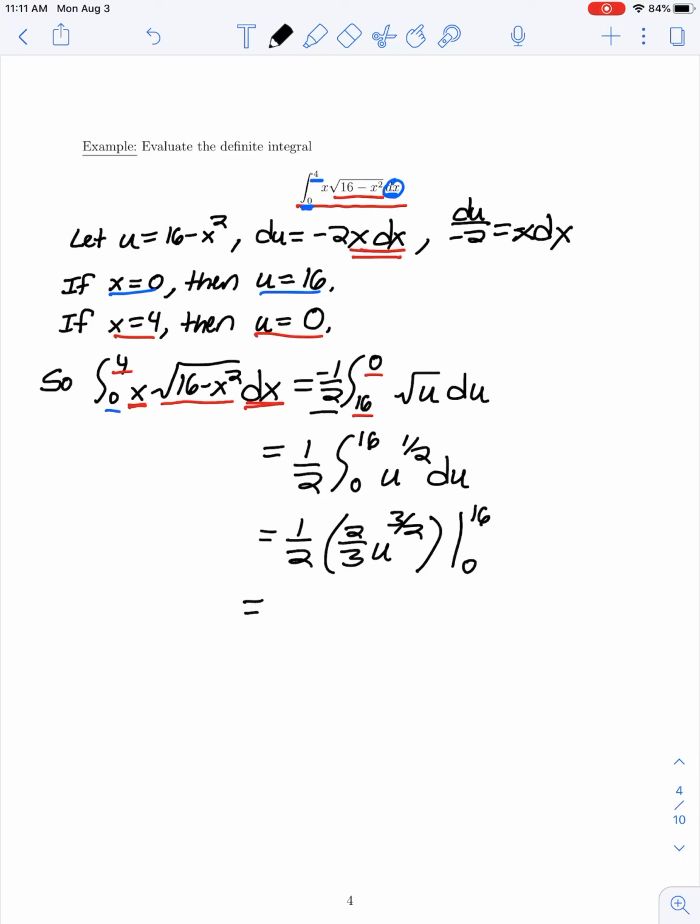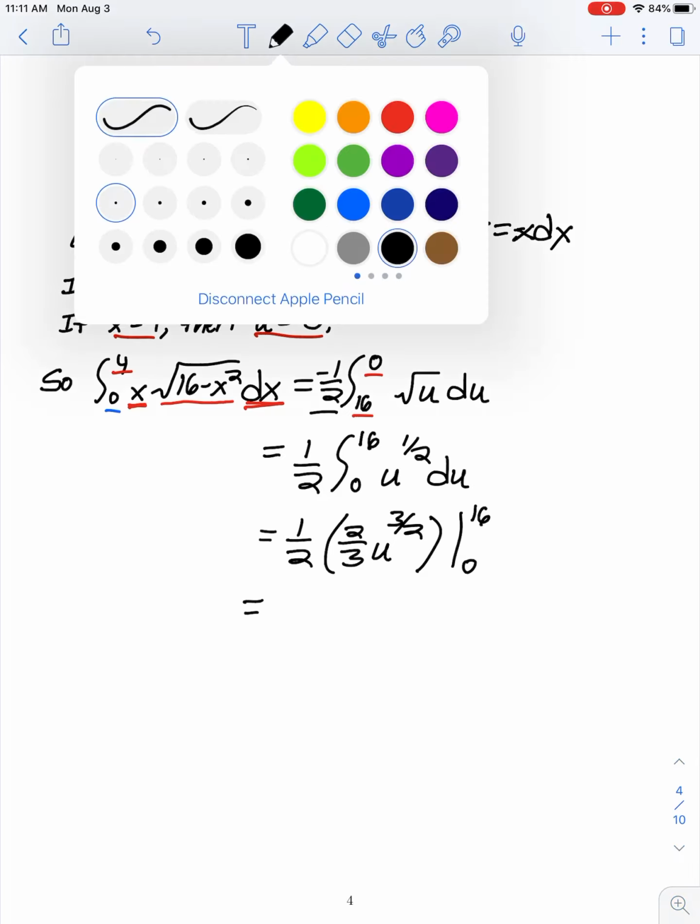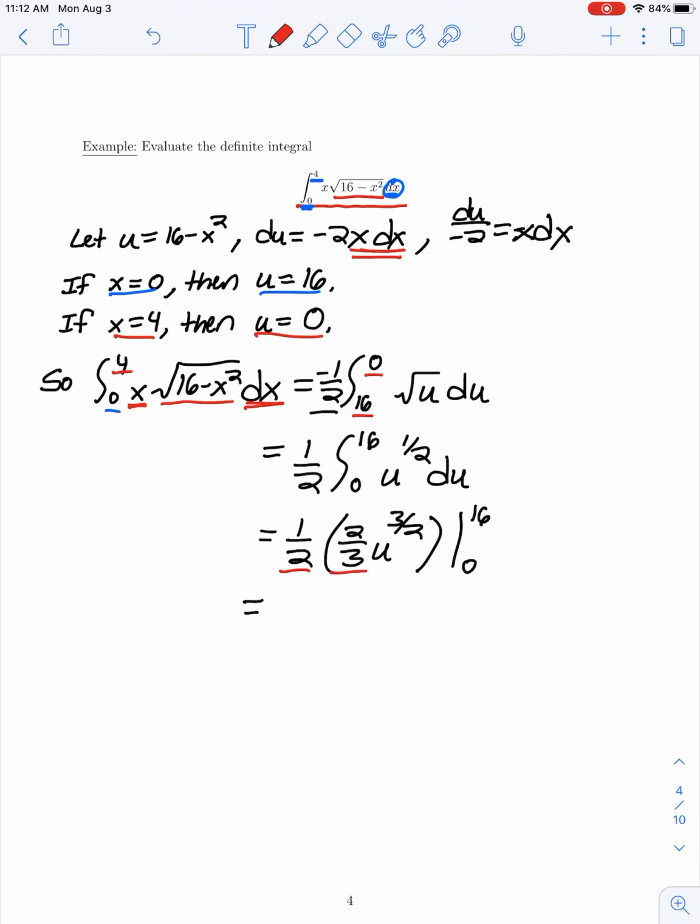So simplifying a little bit, our constants, we have a 1/2 times 2/3, so that leaves us with 1/3. And then substituting the upper limit of integration into our antiderivative, we have 16 to the 3/2 power minus 0 to the 3/2 power, which is simply 0.